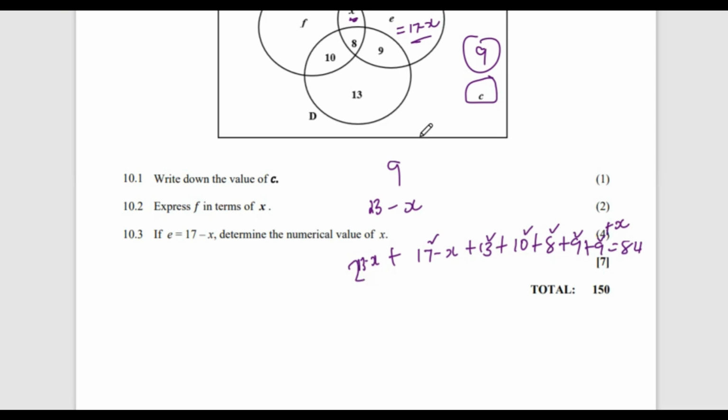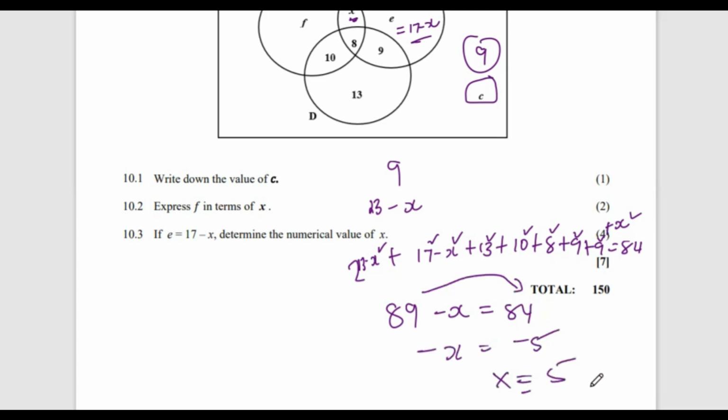It's 89. This x and that x is minus 2x plus 1x, which is minus x, is equal to 84. You know the 89, that's negative x is negative 5, which means x is 5.